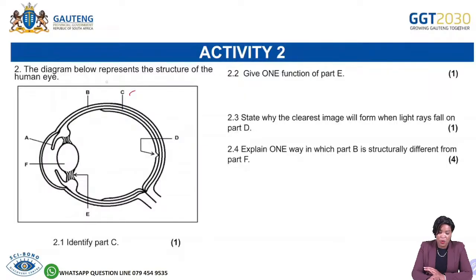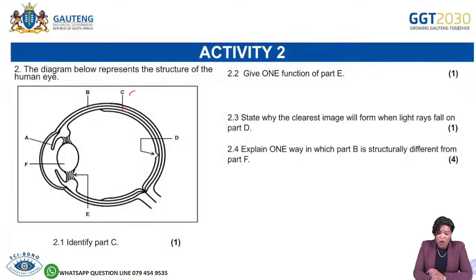It says the diagram below represents the structure of the human eye. So there is the structure of the human eye. From your labels, the ones that you have there, can you identify part C? So let us look at the diagram. What is part C? Part C is this layer here that is in the middle.